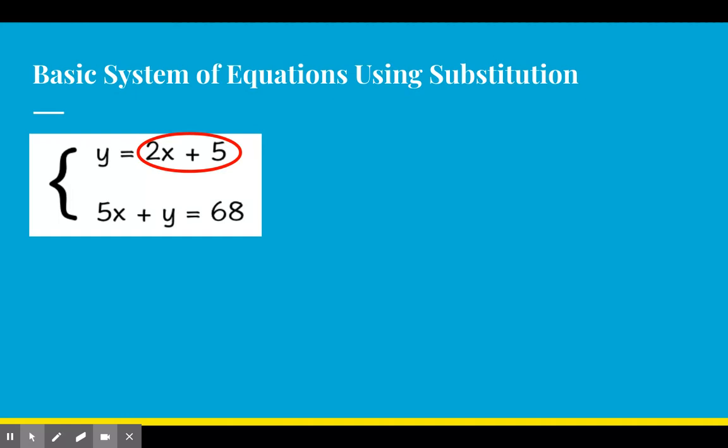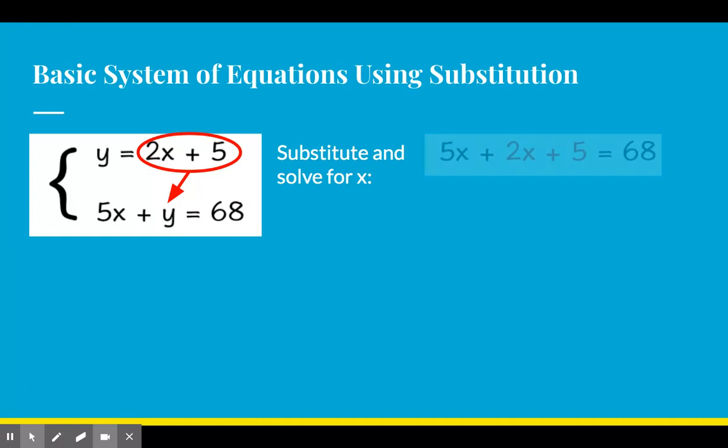So what I'm going to do is take that and substitute it into the second equation where I see that y there. It is because y is already by itself in that first equation that we can do this. Over to the side, I'm going to substitute that in, and my equation will only be x's, so that means I will be able to solve for x in the end of it.